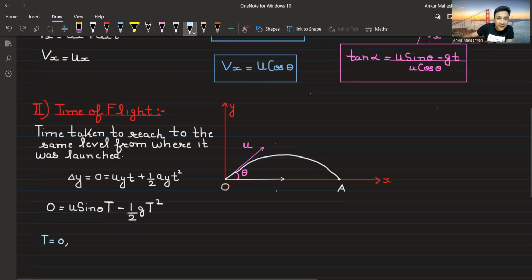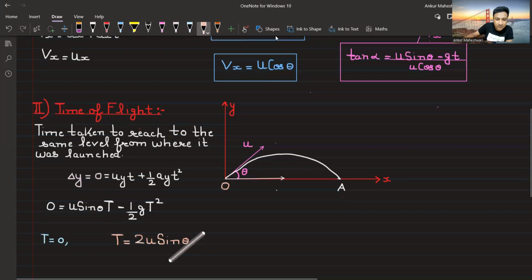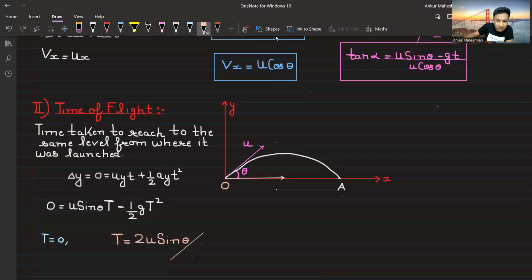Another value of t which I'm interested in is t equals 2u sine theta divided by g.